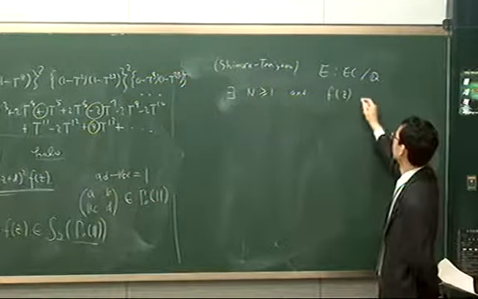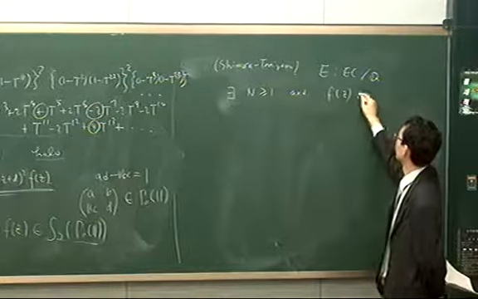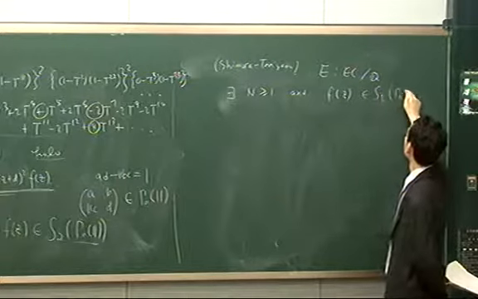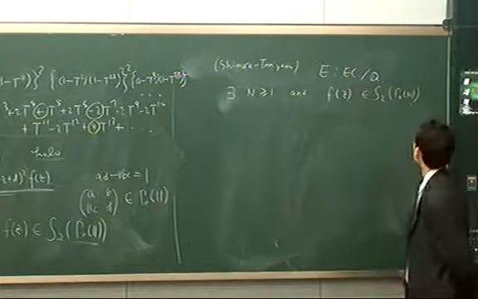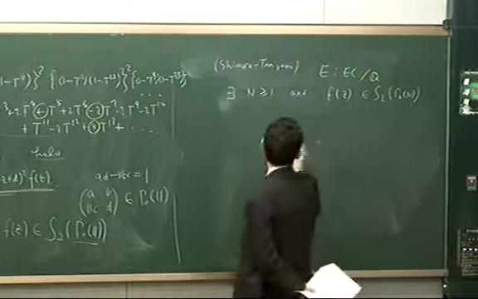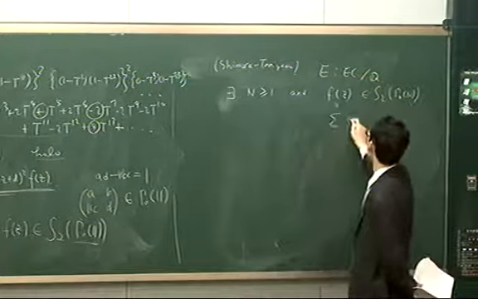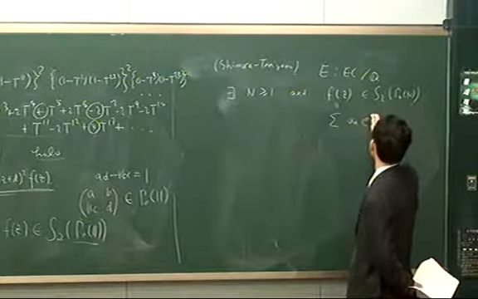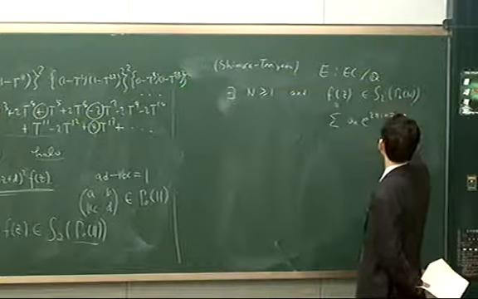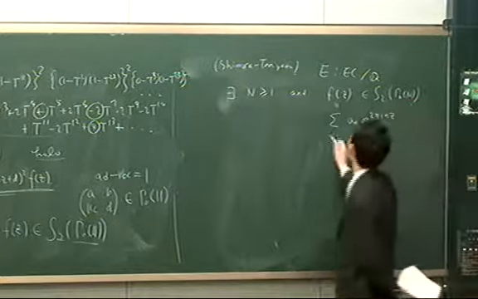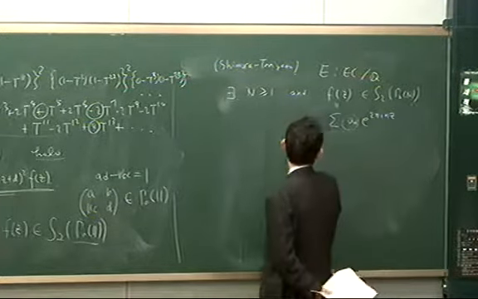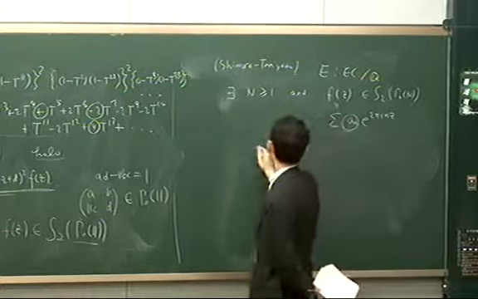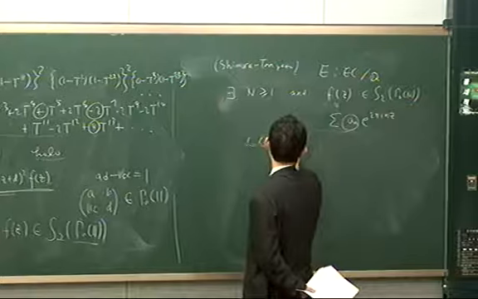The Shimura-Taniyama conjecture is that there is an integer N and a holomorphic function f, which is a cusp form on Gamma_0(N), which has a series expansion, such that a_n is equal to the coefficients obtained from the L-series.